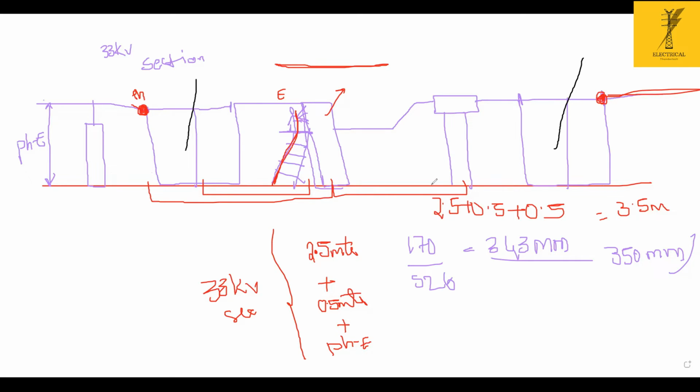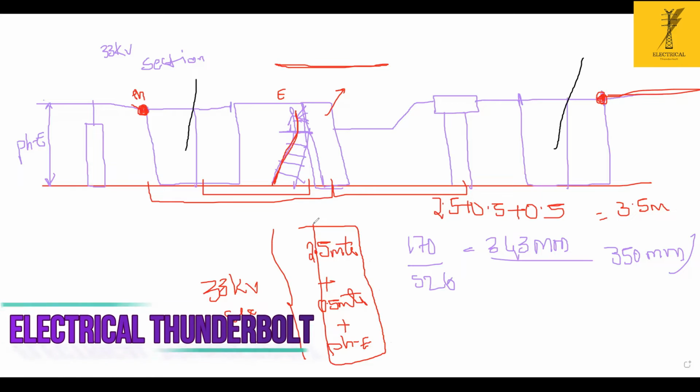Yes. So these are the sectional clearances. What is the formula? 2.5 meters, which is the height of the person stretching his hands or having any tools with him, plus 0.5 as a margin, plus phase to earth. This is the sectional clearance formula. And one more clearance. What is the sectional clearance saying?